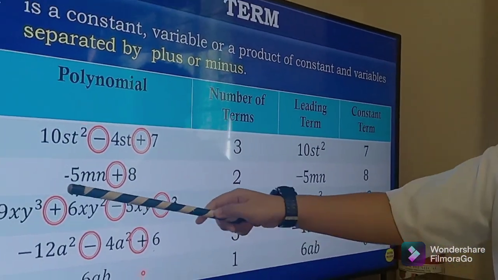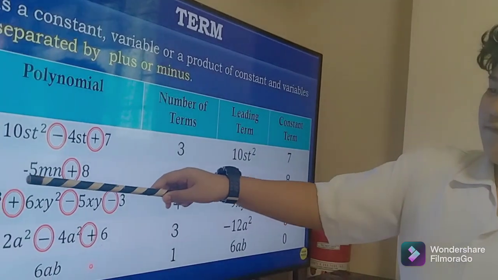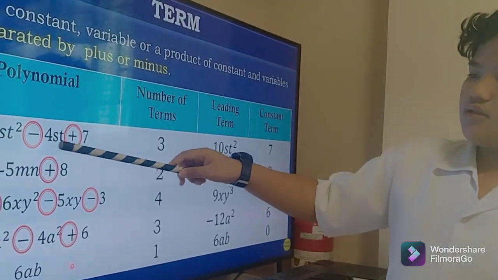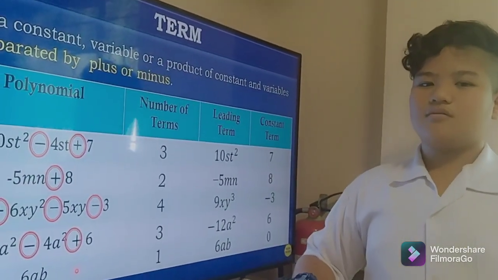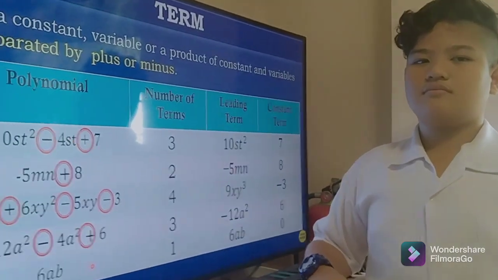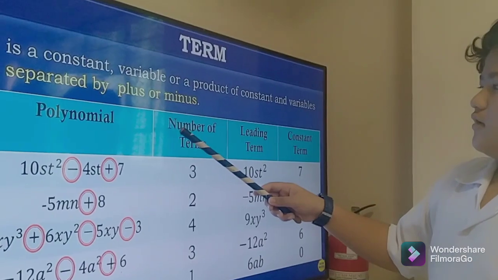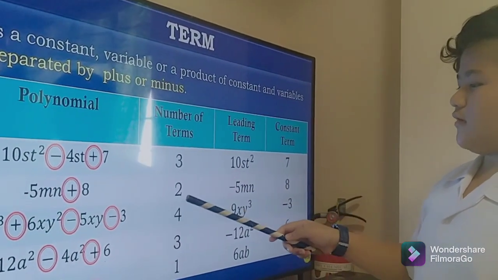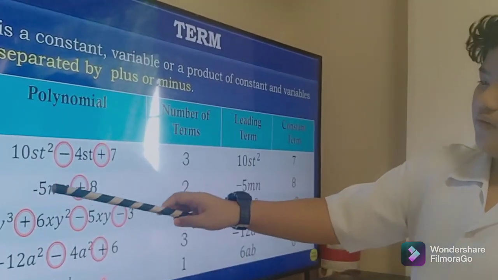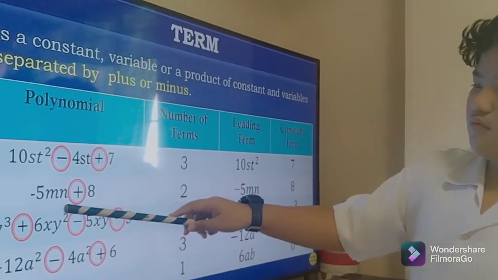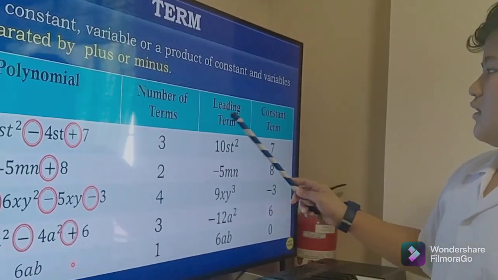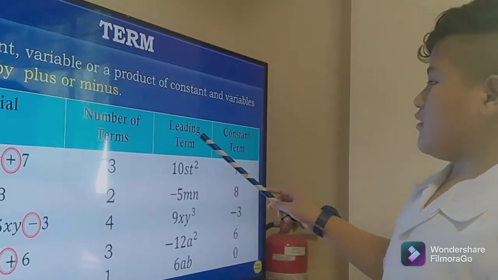Second example. Negative 5mn plus 8. It is a binomial because it is a polynomial with 2 terms. Number of terms. The number of terms is 2 because the first term is negative 5mn and the second term is 8. Leading term. Leading means the first one.